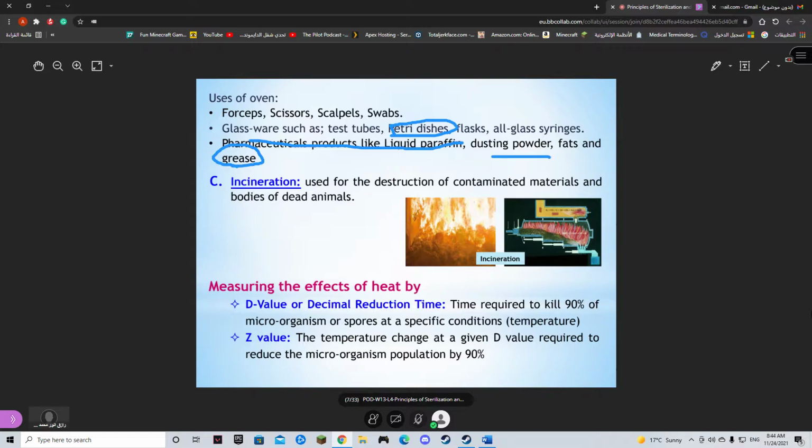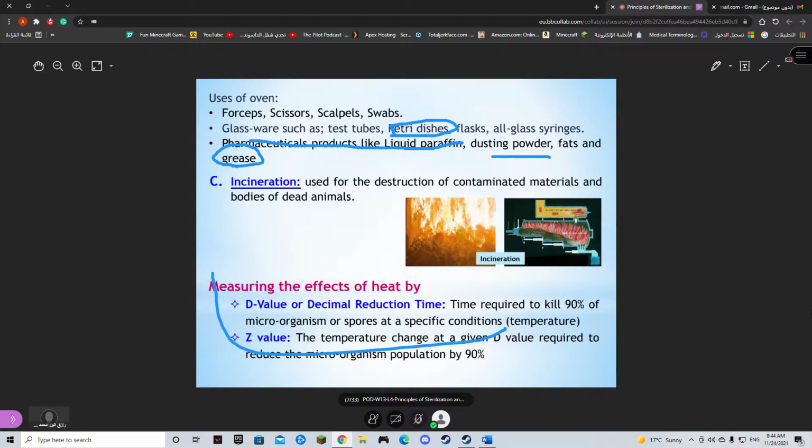There the temperature goes up to 1000 degrees Celsius, and 80 to 85% of the waste is destroyed. You have to find out which waste should go for incineration and which should be sent to a specialized company. For general hospital purposes, you can destroy it by this method.